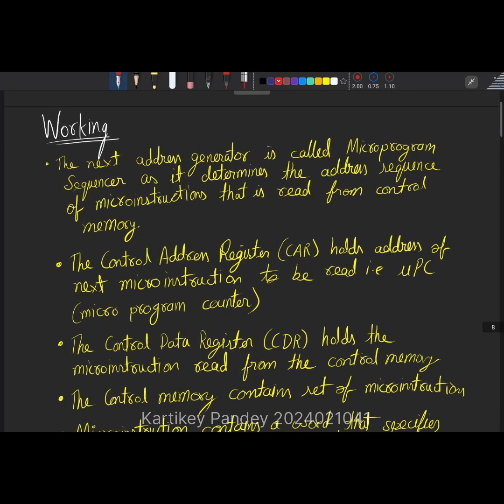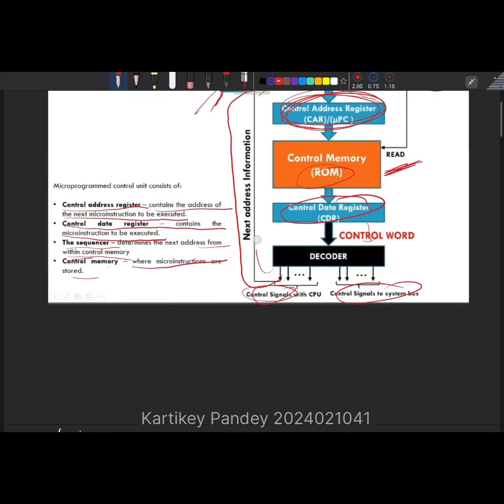So let's do this. The next address generator is called the microprogram sequencer, as we have already discussed, as it determines the address sequence of micro instructions that are read from the control memory. Like here we have said next address information, which is decoded.